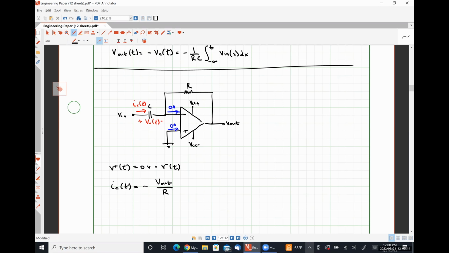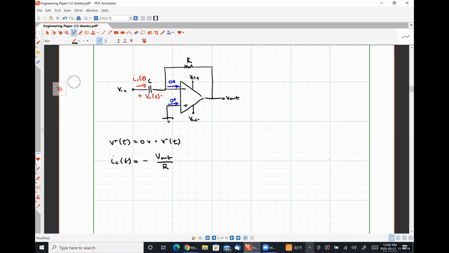So since IC can be written as C dVc/dt, which we know to be Vn, this tells us that V out as a function of time is simply negative RC dVn/dt. Right? Move the negative sign over here, multiply both sides by R. That's what I've got left.